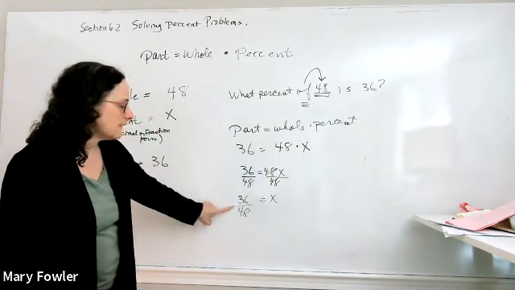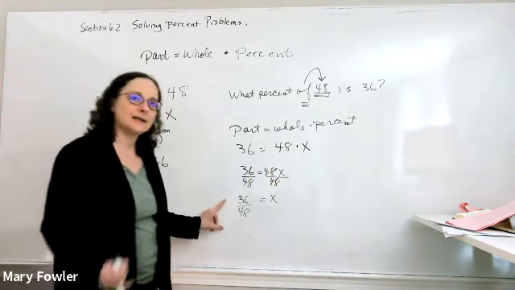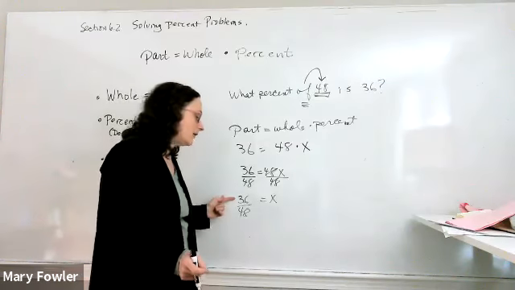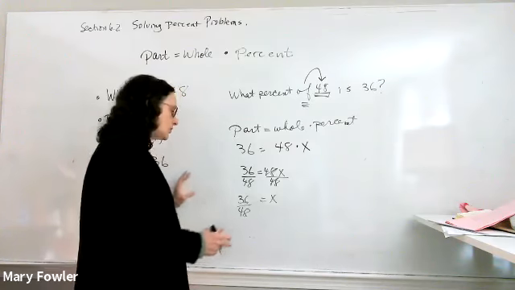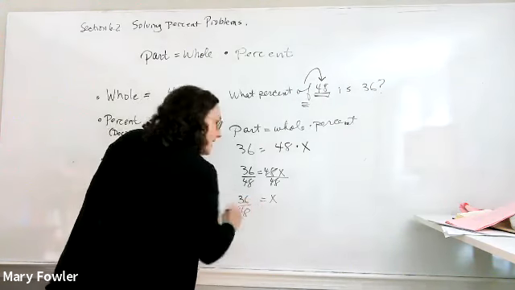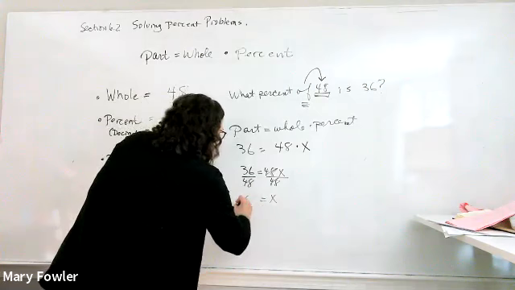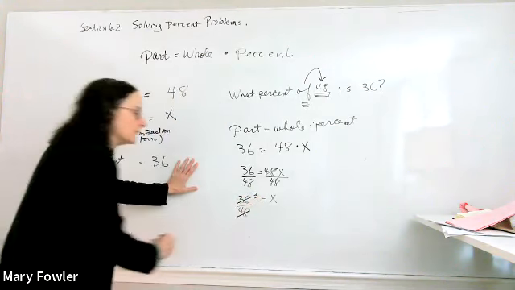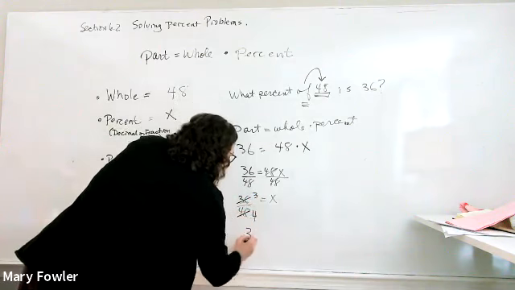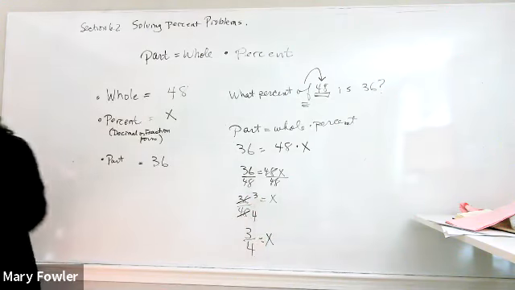I look at 36 and 48, and I realize that 12 is a factor of both. So reducing here, 12 goes into 36 3 times, and 12 goes into 48 4 times. So we have 3/4 is equal to X.